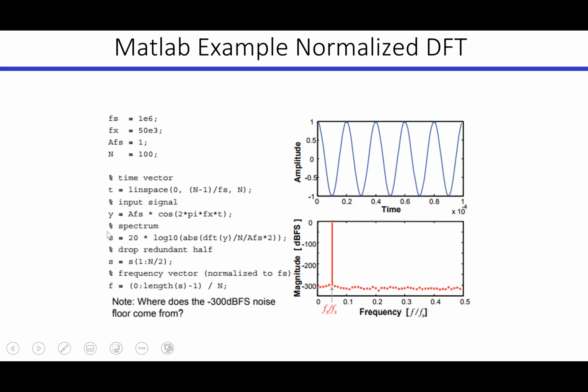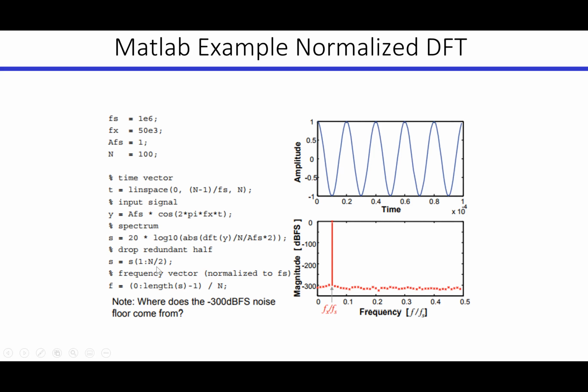Okay, so now my input signal is a cosine signal having amplitude of 1 and input frequency of fx. Then I find the 20 log of the input signal, and here you take the absolute value divided by the maximum value squared and over N, so you get the maximum value of the input signal at 0 dB.